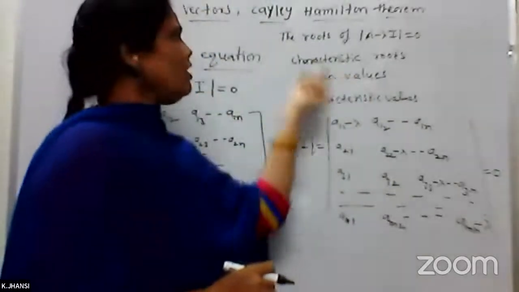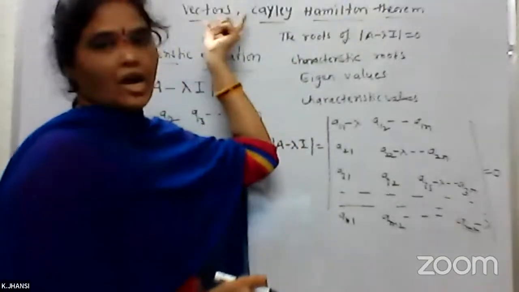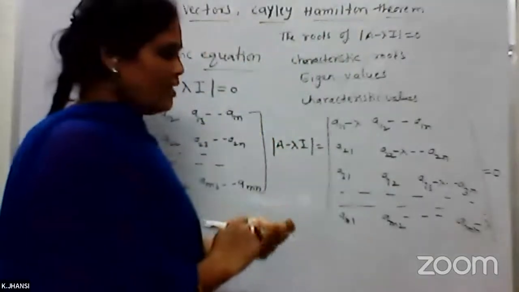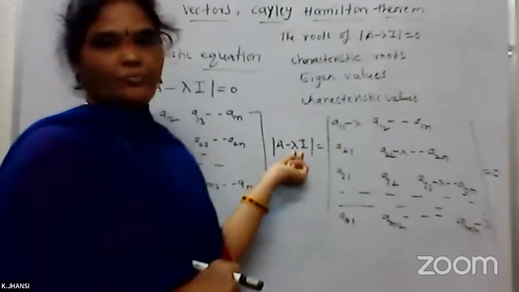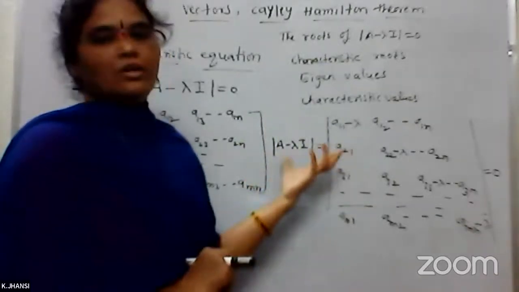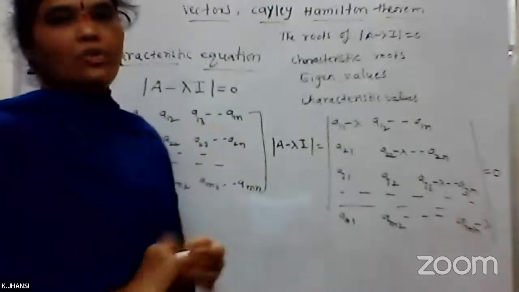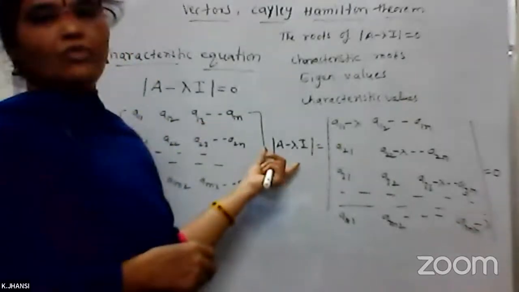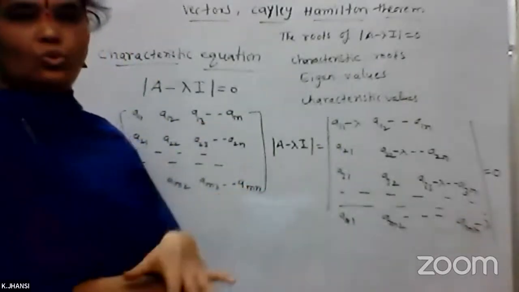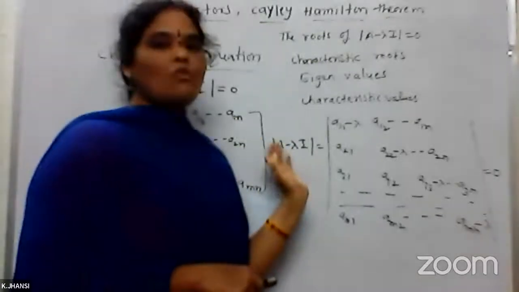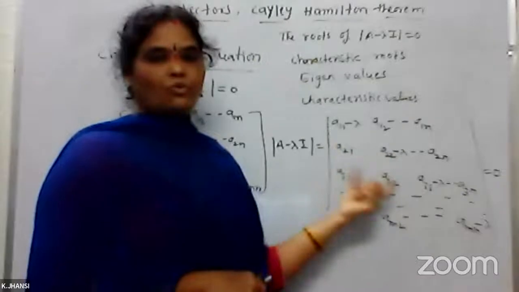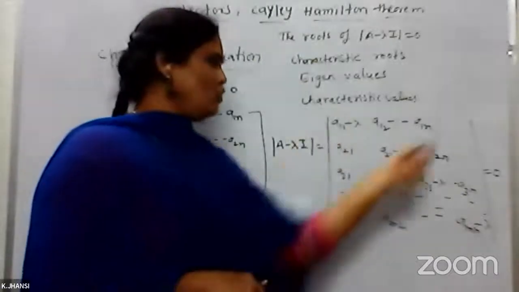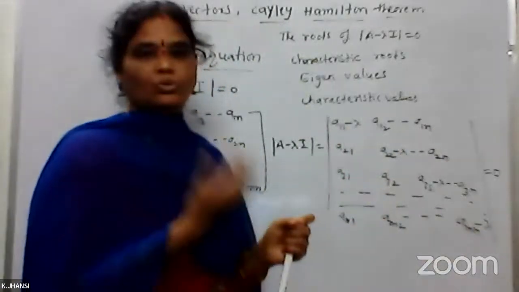From this only, what are characteristic vectors? Characteristic vectors means here you will get the lambda values, no? Depending on that, if you have the power as 3, you will get 3 roots. If you have the power as 2, you will get 2 roots. It depends on whatever the power is in the polynomial. That many roots you will get.